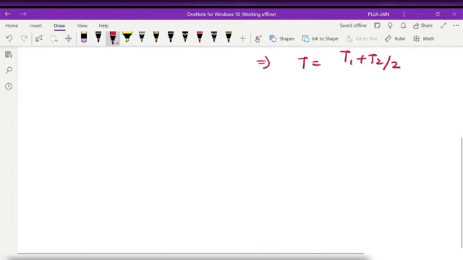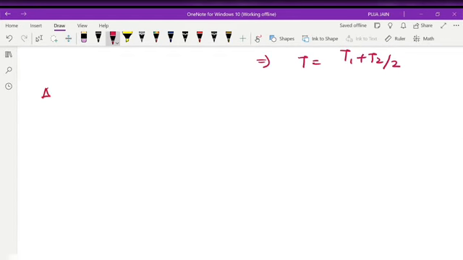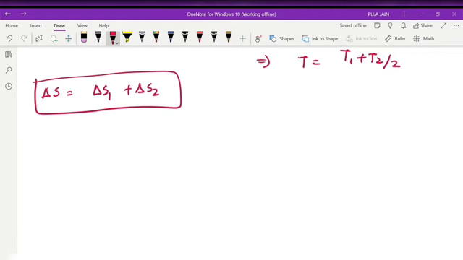Now we will find the entropy. Entropy will be for both systems. We know entropy is always additive, so delta S1 plus delta S2. Now delta S1 is what? We know entropy is dq by T, and for finding it we will have to integrate.